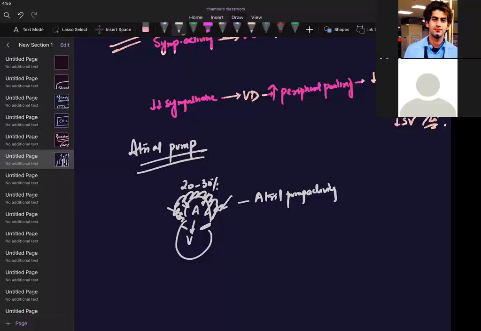And that too, the atrial contraction will increase because of sympathetic stimulation. That is the point you have to remember. Sympathetic stimulation will also always be there in an emergency condition, a fight or flight condition. In that condition, your atrial pump activity will increase.